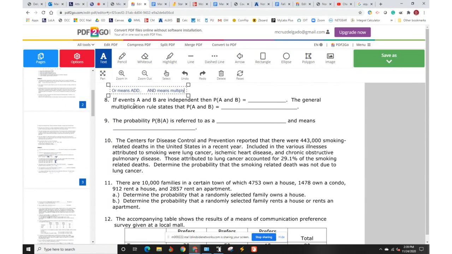So if the events are independent, then it's simply multiplication. And means multiply.